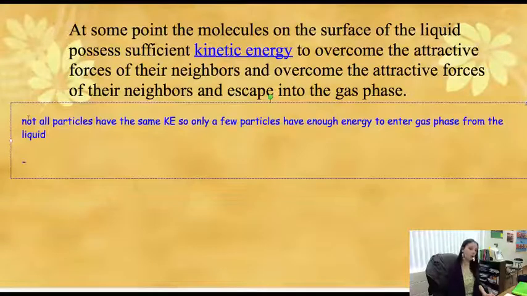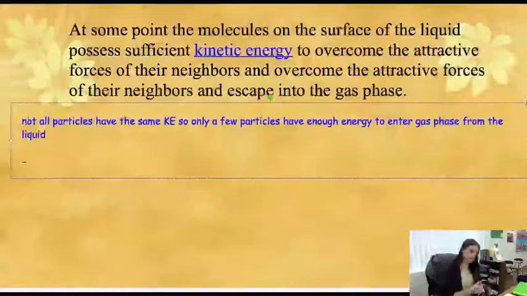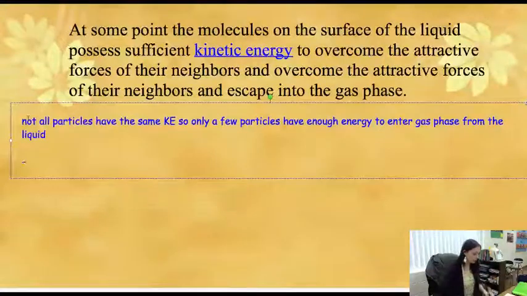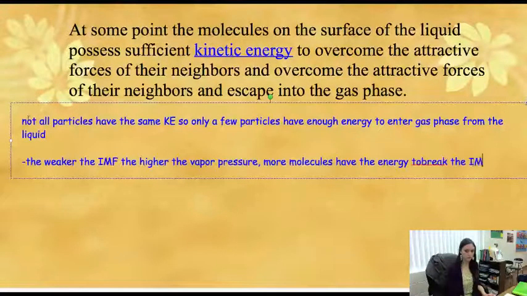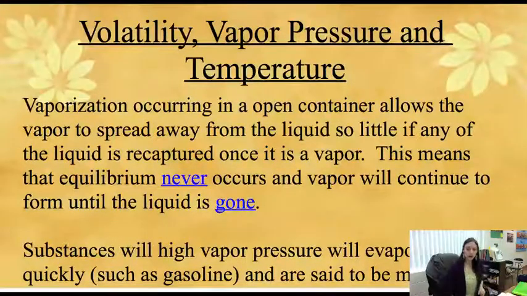Now, the weaker the intermolecular forces, the higher the vapor pressure, because it's a lot easier to sever my liquid's intermolecular forces and for these gas particles to form. Now volatility goes along with this, and temperature.